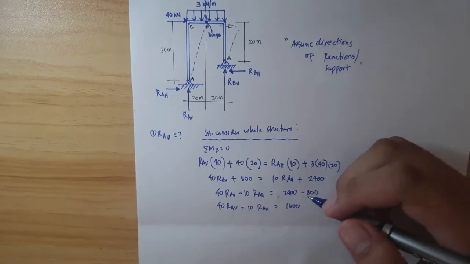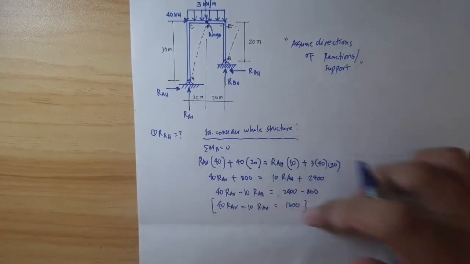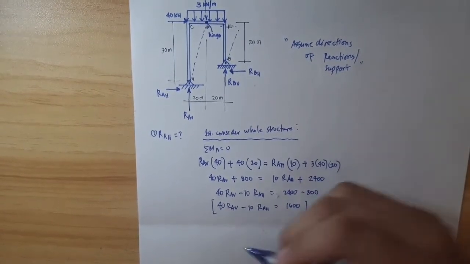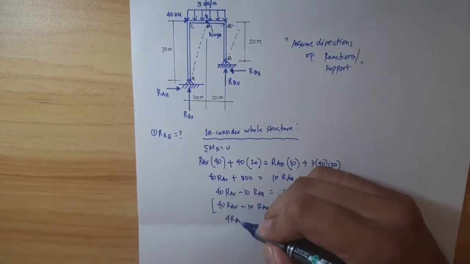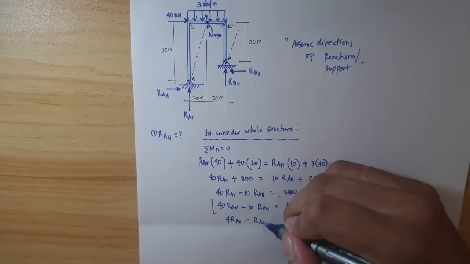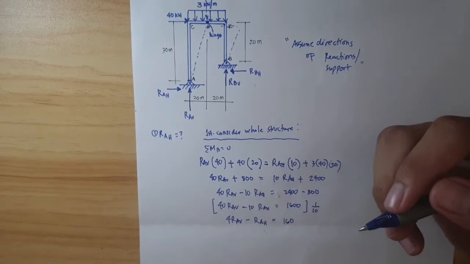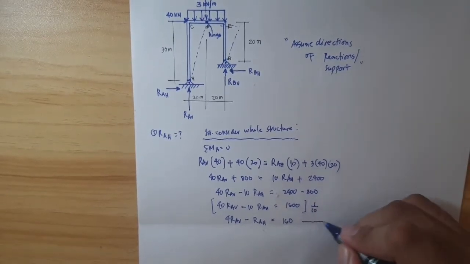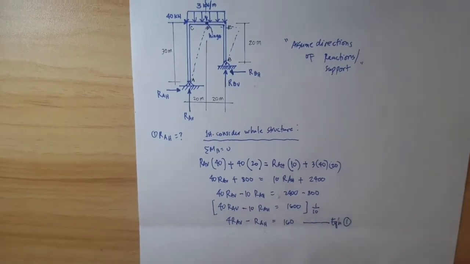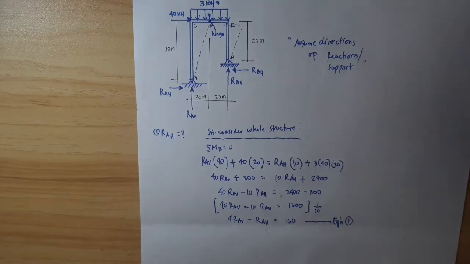We can simplify this by dividing by 10. So 4 RAV minus RAH equal to 160. That is our equation 1. Okay, is that clear?